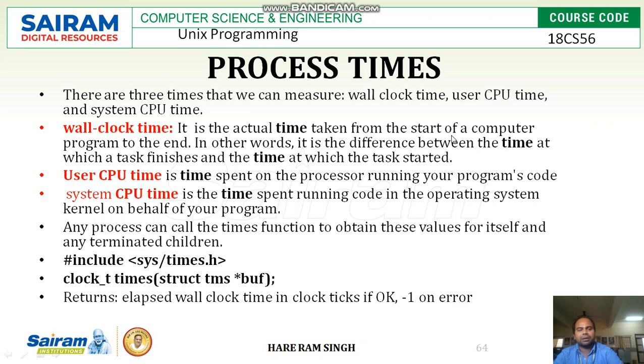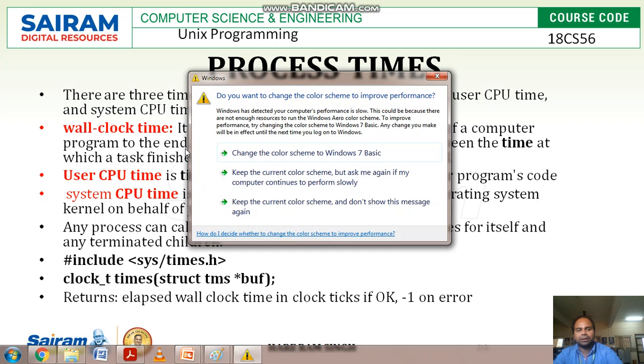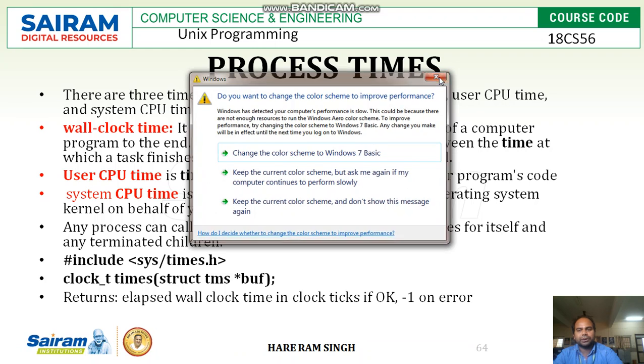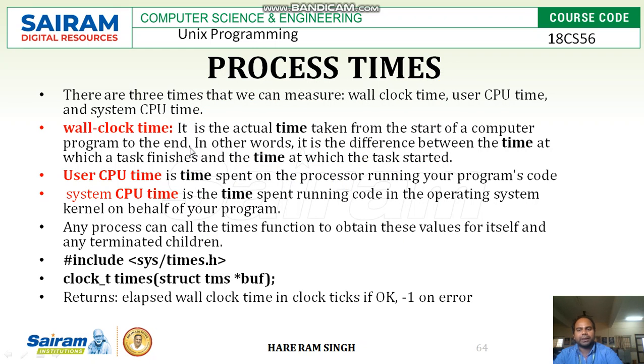It is the actual time taken from the start of a program to its end. Whatever time has elapsed, that is called wall clock time. In other words, it is the difference between the time at which a task finishes and the time at which the task is started.